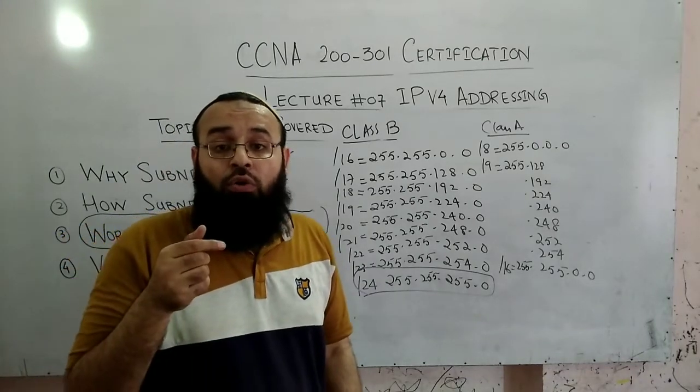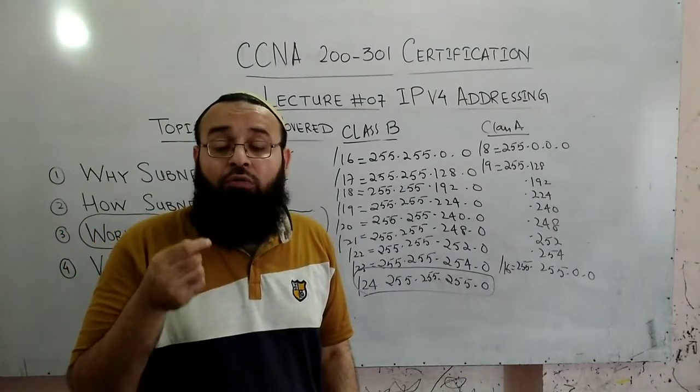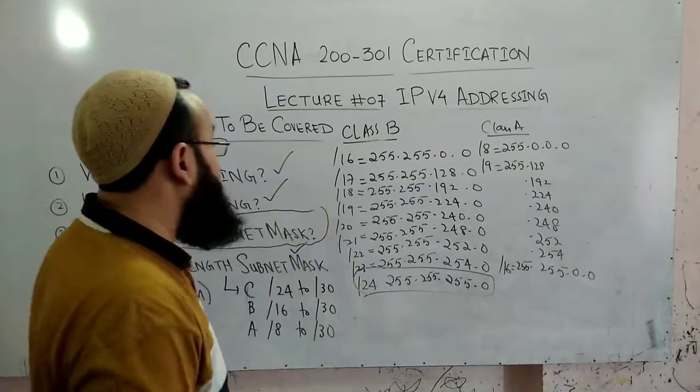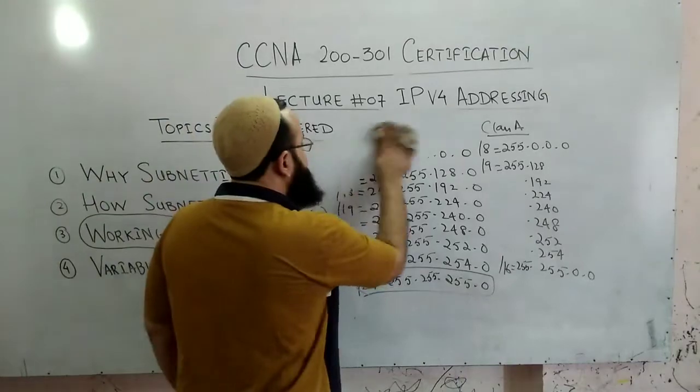How does the subnet mask work, or what is the prime advantage of a subnet mask? Consider this example.